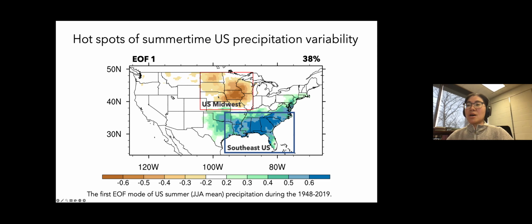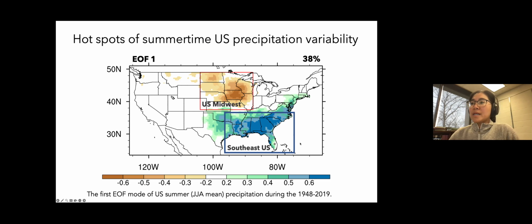If there's decreased precipitation in the US Midwest, we tend to see increased precipitation over the southeastern US. And this dipole pattern accounts for 38% of the interannual variation of summer precipitation over the United States.